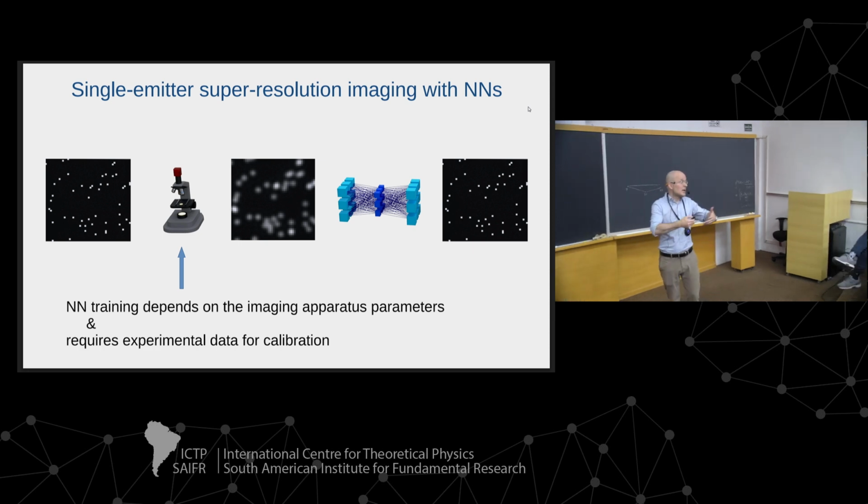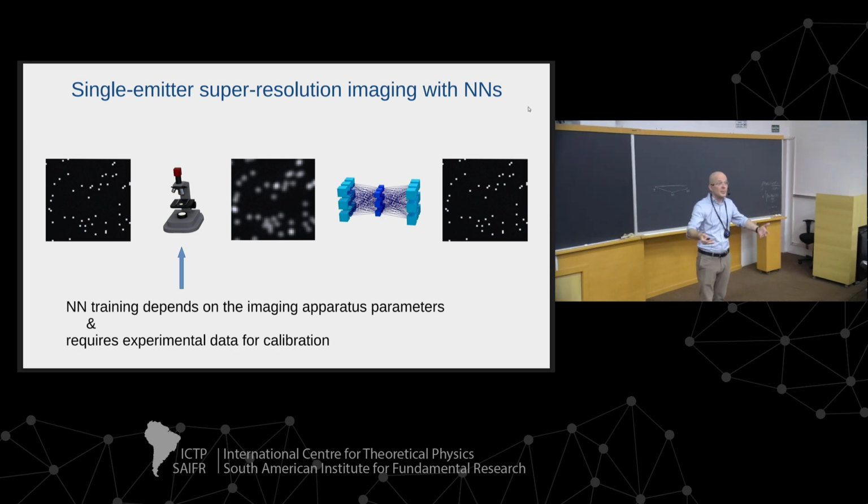And of course, the standard solution in these applications is to learn everything about this imaging device, especially how this single blob from a single point emitter looks like. We call it the point spread function. We need to know how wide it is and what the shape of this function is, and many other parameters.